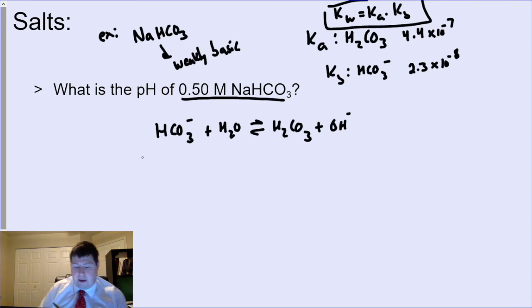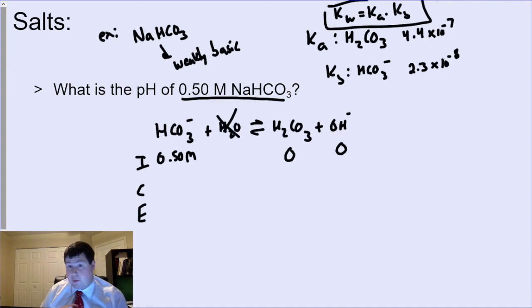Now that I know my Kb, I can go ahead and finish off my ice table here. I'm starting with 0.50 molar HCO3-, 0 of each of these. H2O is a liquid, so it doesn't play a role in my equilibrium. This is then going to go down by some minus x, so 0.50 minus x, plus x, plus x.